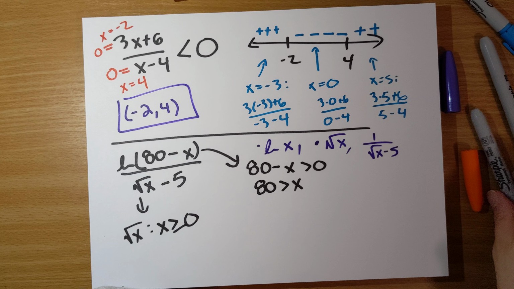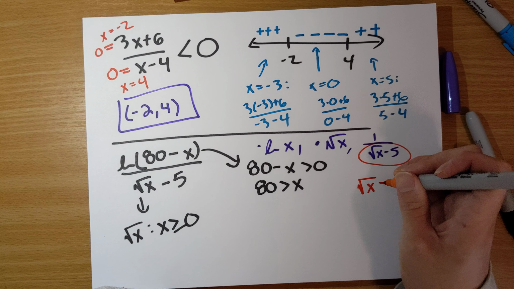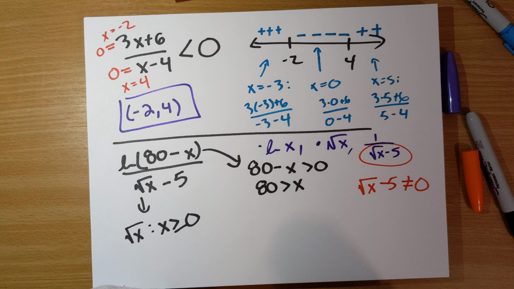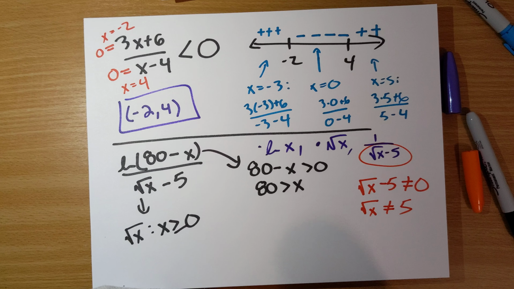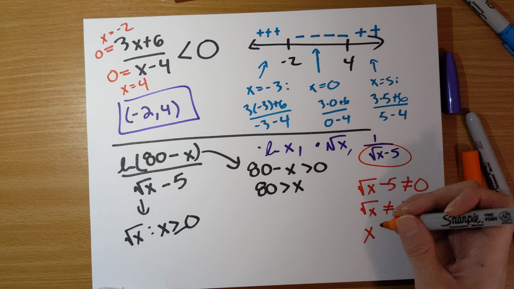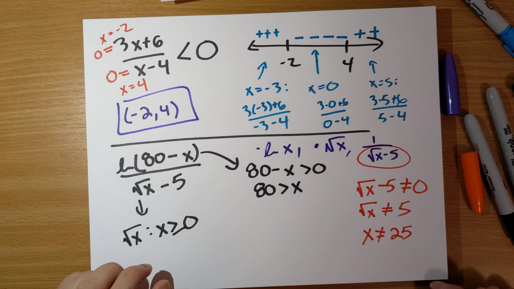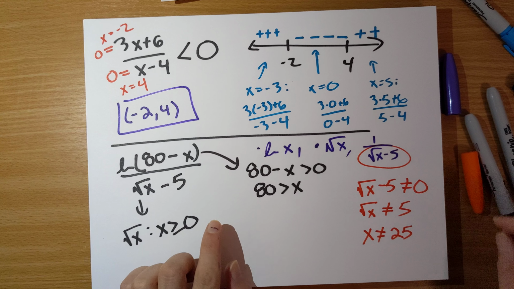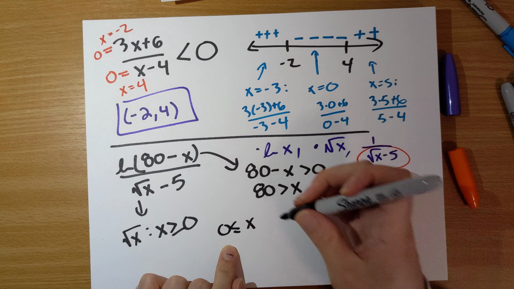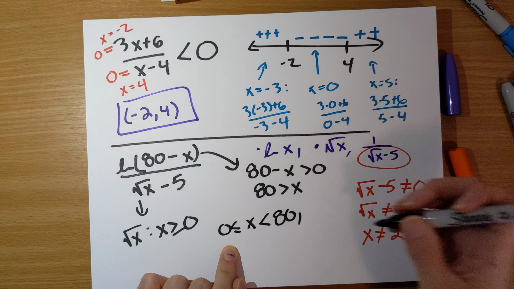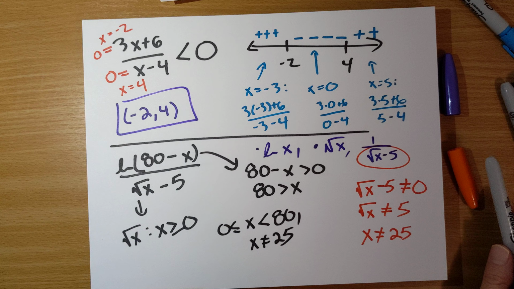Finally, dividing by square root x minus 5, this tells us that square root x minus 5 is not allowed to equal 0. Sorry, square root x is not allowed to equal 5, which is x is not allowed to equal 25. So putting our answers together here, we see that x must be greater than or equal to 0, strictly less than 80, but x cannot equal 25.